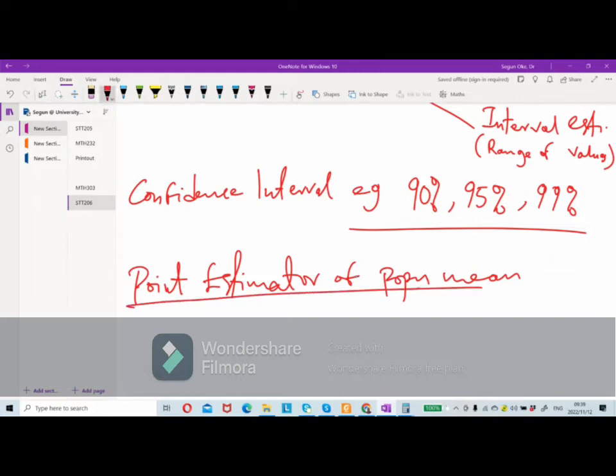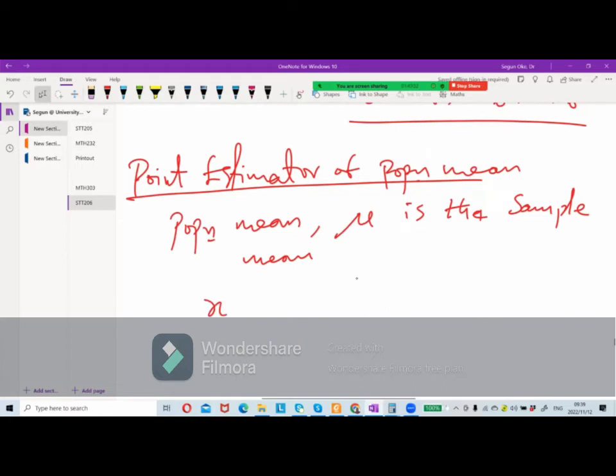Remember what is that? Population mean. They are mu. The point estimate is the sample mean. That is X bar equals summation of Xi over N.